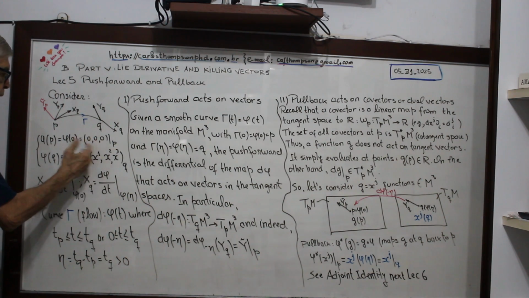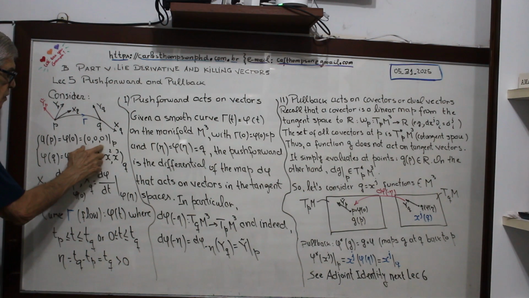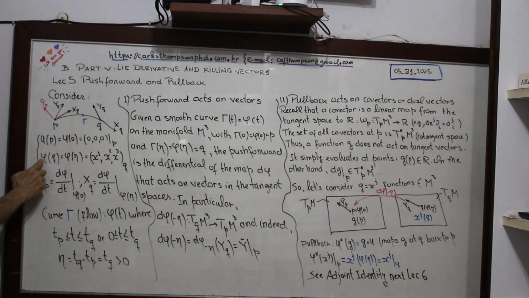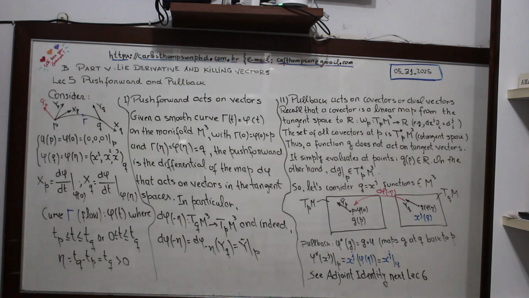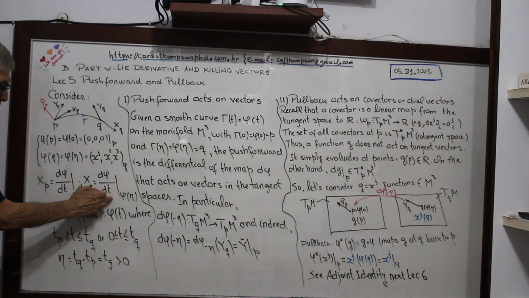These are Euclidean coordinates, Cartesian coordinates, 0, 0, 0 at P. And phi of Q, phi of eta, is x1, x2, x3 at point Q. Then this is a tangent vector, d phi of dt at P, phi of 0. And the tangent vector at Q is d phi of dt at phi of eta.